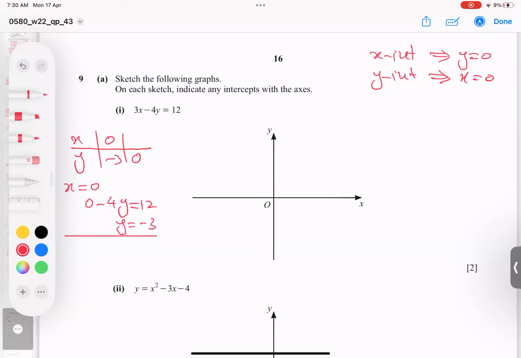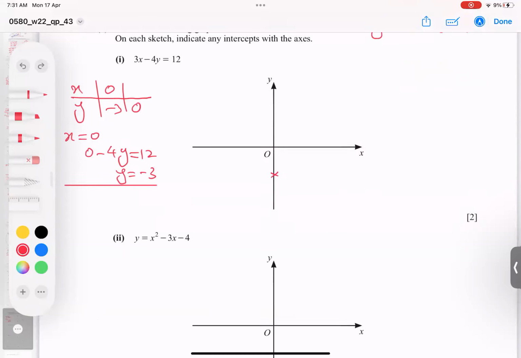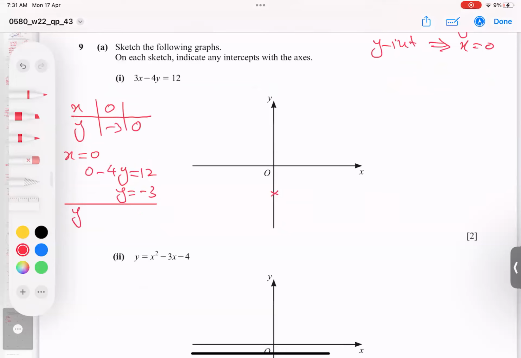So minus 3. Where is this point? x is 0, y is minus 3, somewhere here approximately. I take minus 1, minus 2, minus 3. Then I talk about y equals 0. When I plug in y equals 0, 3x minus 0 equals 12, divide by 3, and x becomes 4.